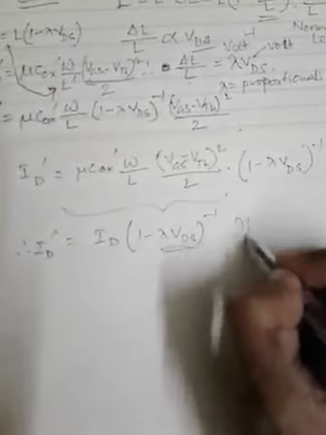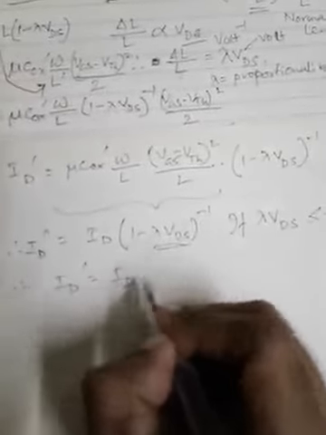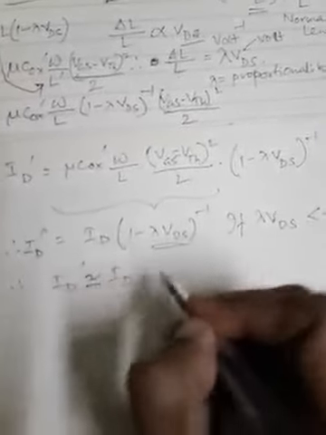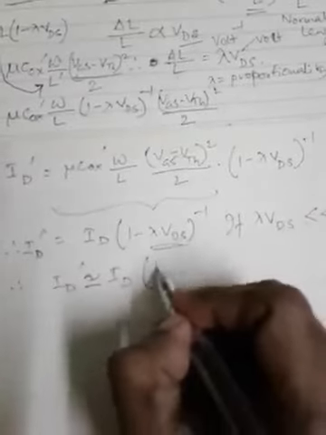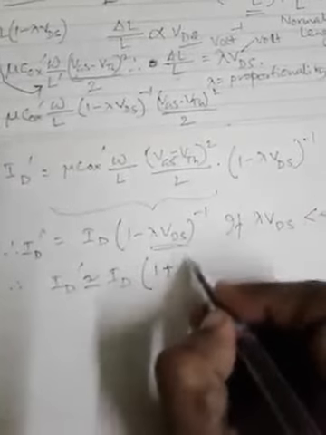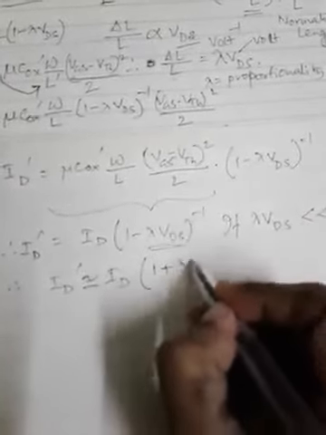Now if lambda VDS is far less than 1, we can approximately write ID prime approximately equal to ID into 1 plus lambda VDS.